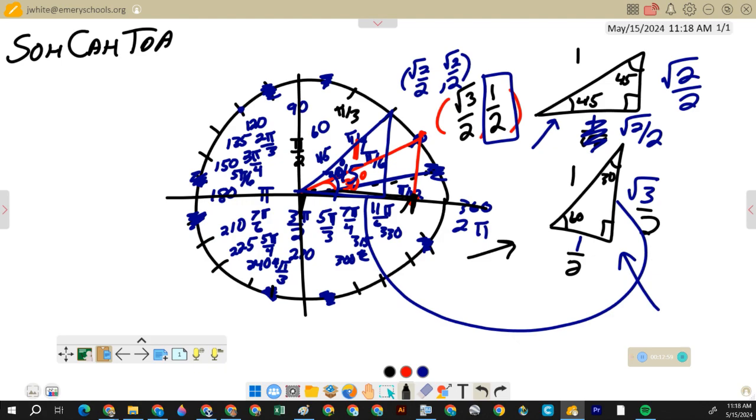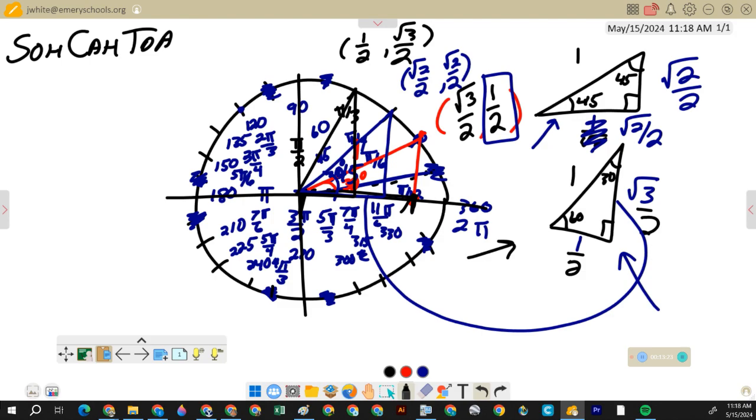All right. Now I draw my 60-degree angle, my 60-degree triangle. What is the x value there? 1/2. Okay, and what is the y value? Root 3 over 2.